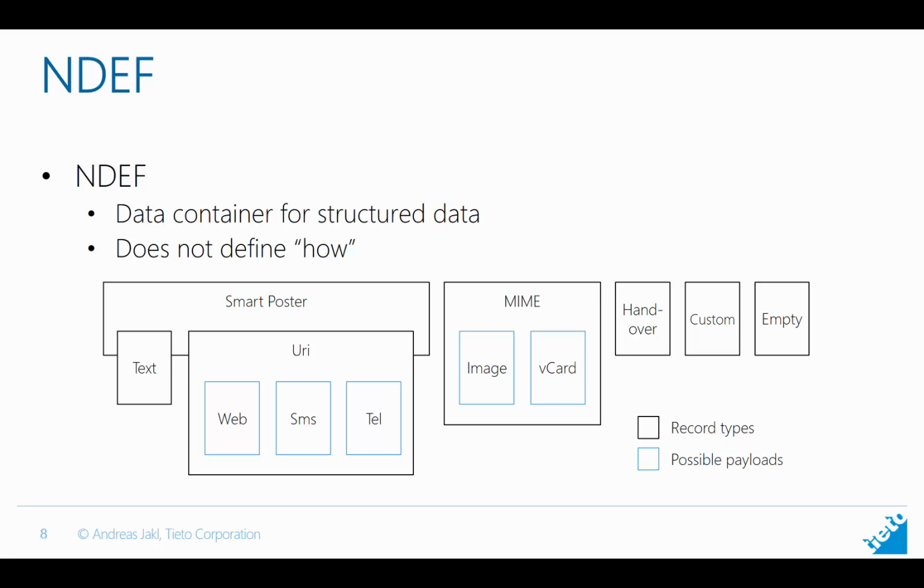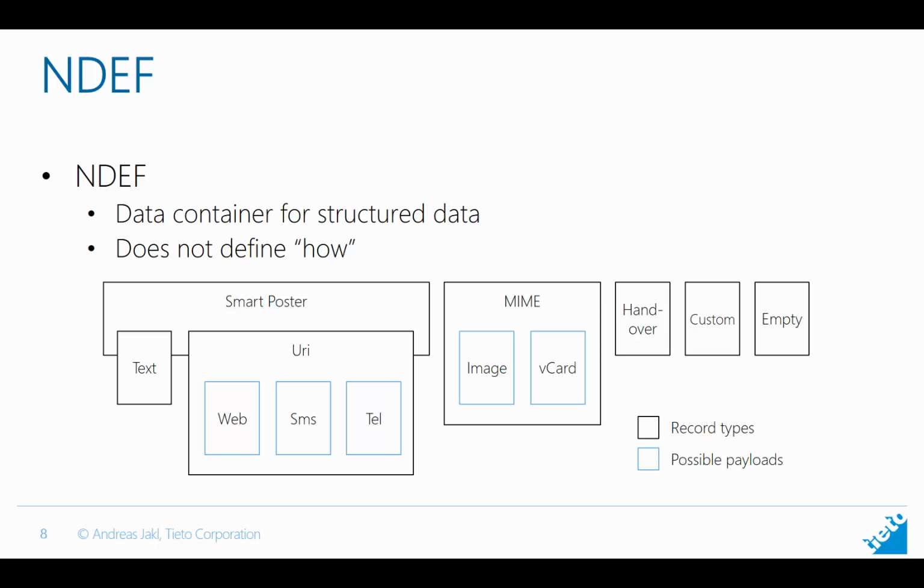There are also MIME tags, for example, for storing an image or a business card. I said an image is maybe a bit tricky for NFC tags, but for transferring, if it's a small image, it's maybe still working, or business cards. Also important is the handover tag, which is handing over from NFC to another carrier.